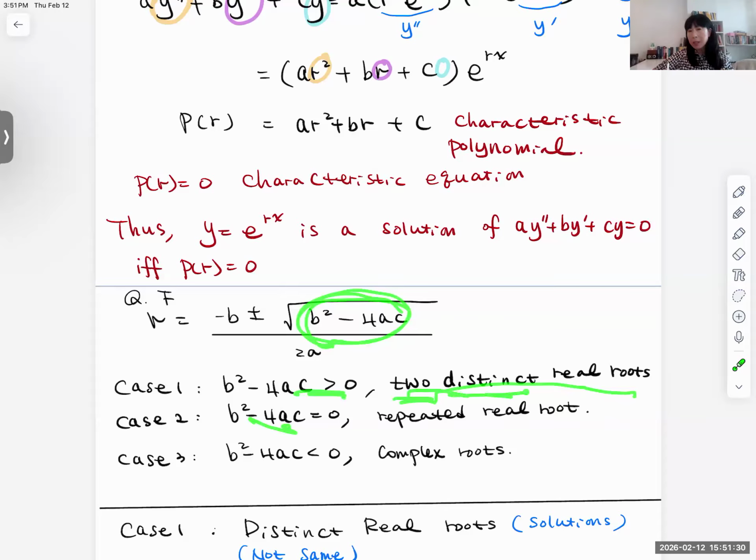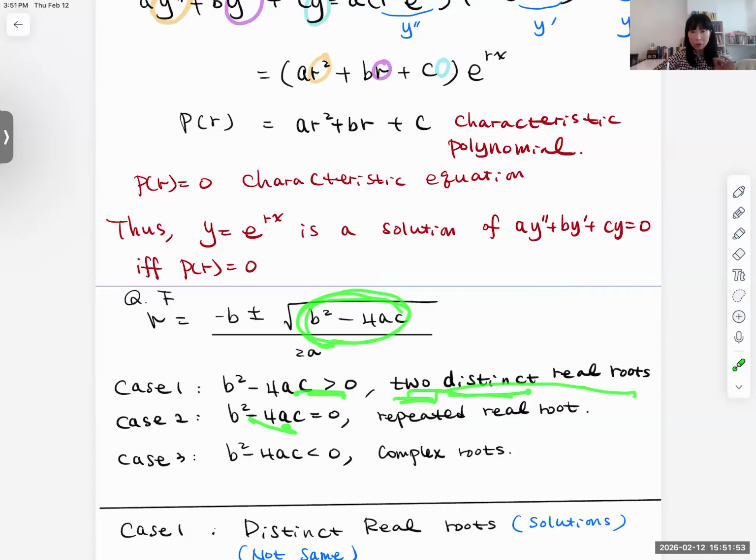Two distinct means not the same, different answers. For example, the first r equals 1/2 and the second answer is 2.